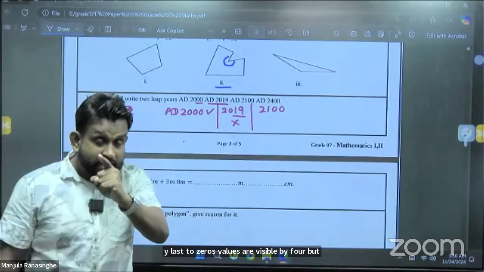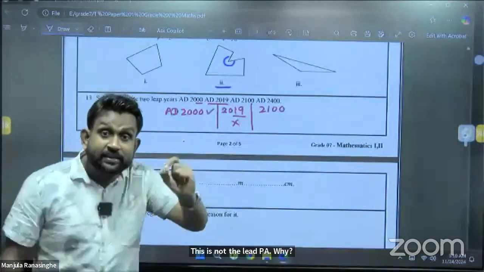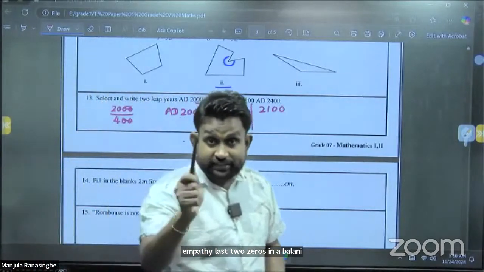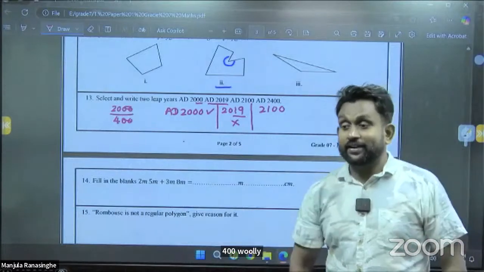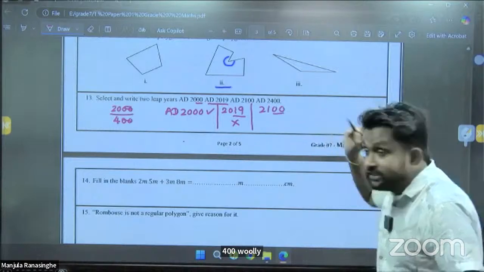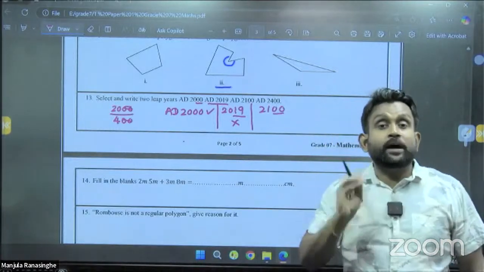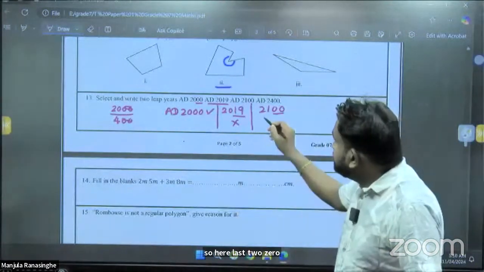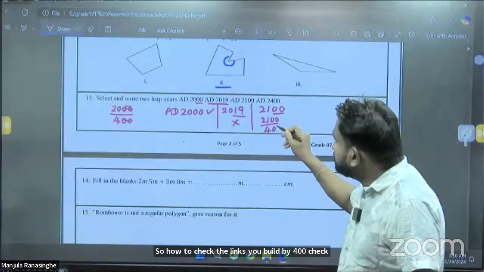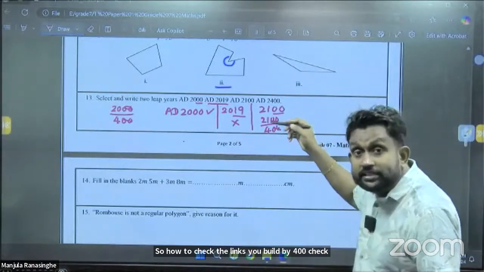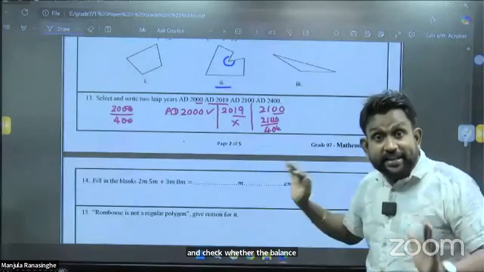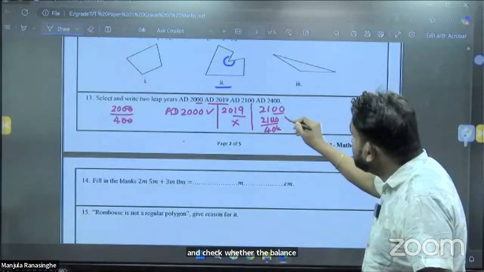Because with the last two zeros you check divisibility by 400, not by 4. Remember this well. Many students get this wrong in the exam. So check divisibility by 400: cut two zeros and check whether the remaining 21 is divisible by 4. 21 is not divisible by 4, so this is not a leap year.